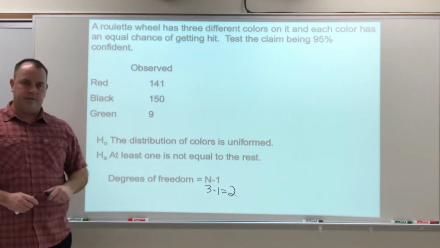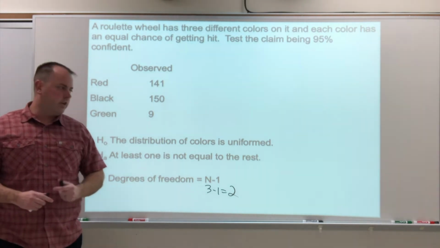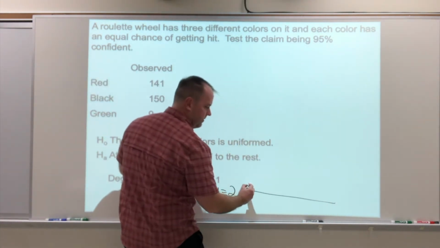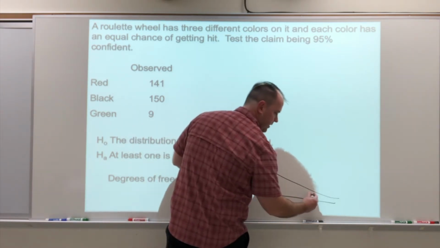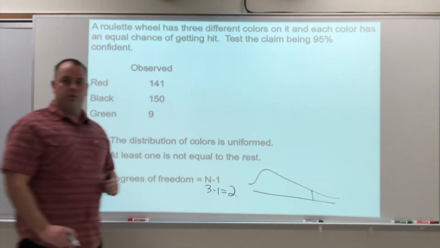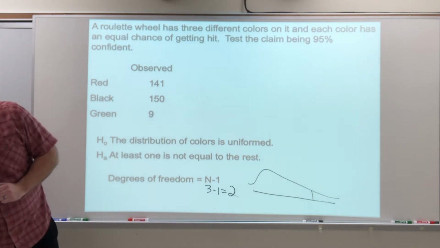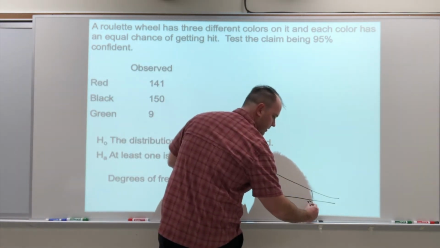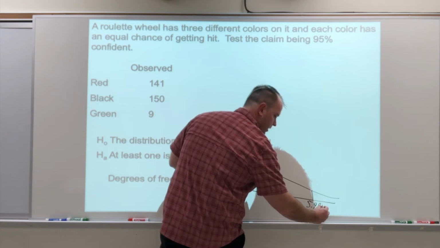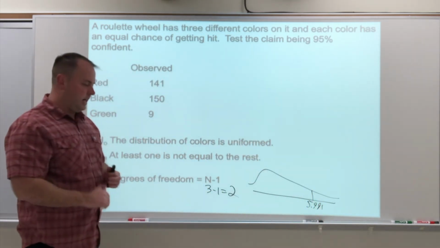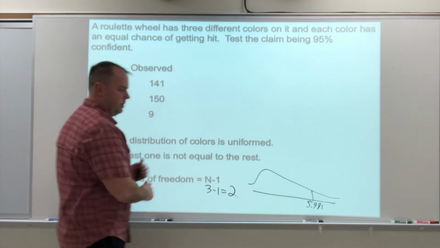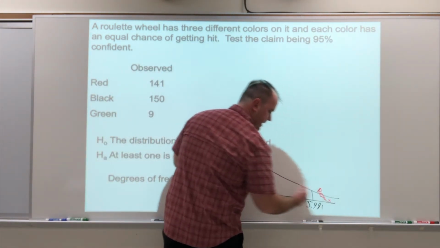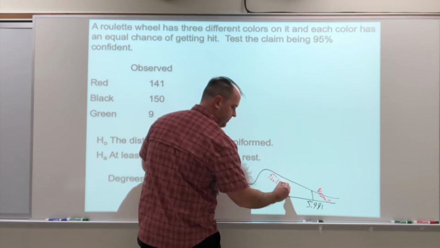Go over to the 95%, and that's going to be our critical value. We still have a curve that is skewed to the right. Our mark is going to be on the right-hand side tail, and it is 5.991. We still have the reject region in the tail, and then fail to reject.